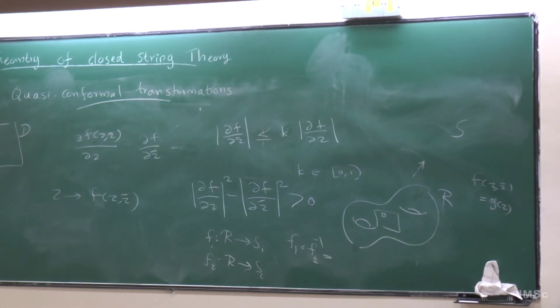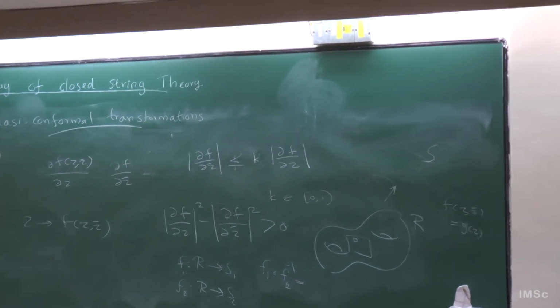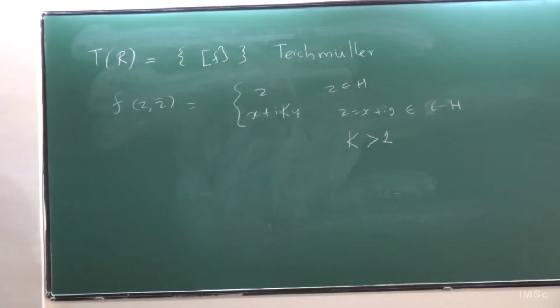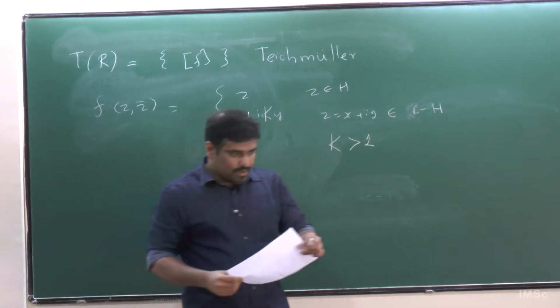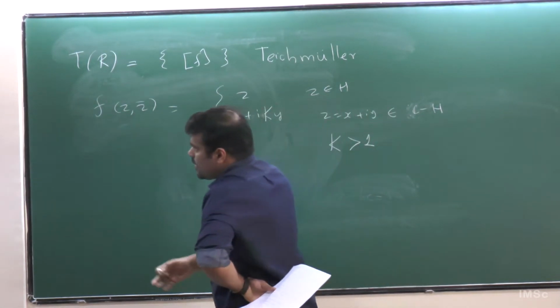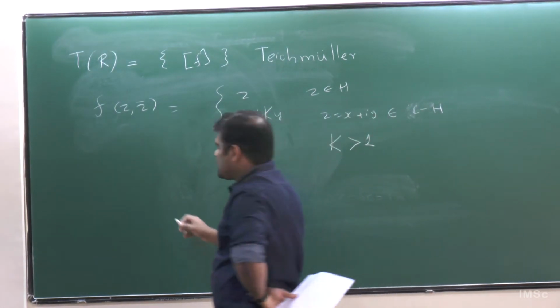So I should be able to find a way to characterize all these possible inequivalent quasi-conformal transformations in terms of a condition on the upper half plane. That's the thing which I want to achieve. So for that I can introduce a notion of Beltrami differentials.